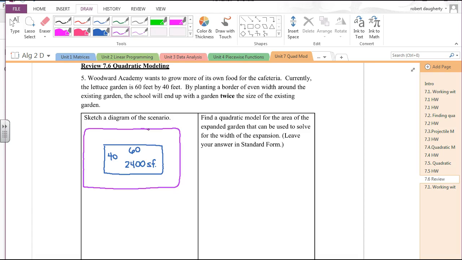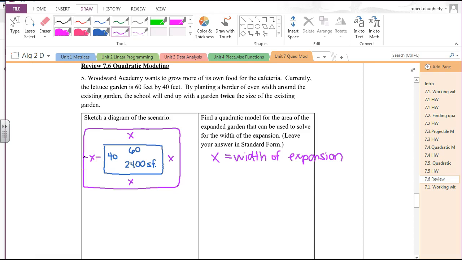So let's just first figure out, I'll let x equal the width of the expansion. If x is the width of the expansion, that means this is x, this is x, this is x, everything is x feet wide, okay?